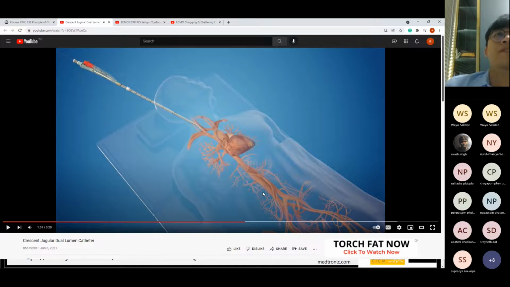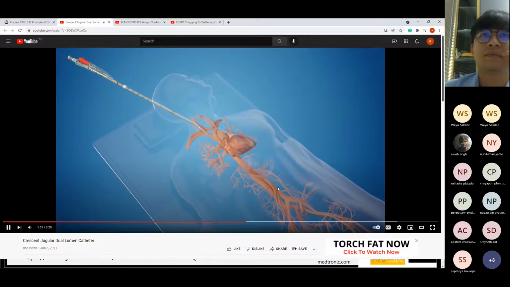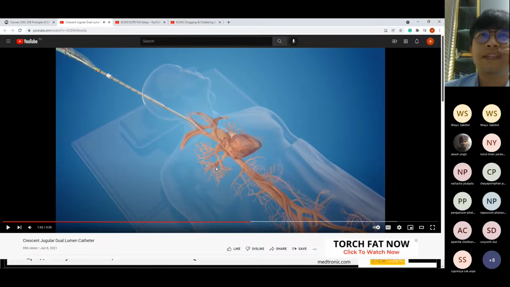For the cannulation, as we have talked about the Seldinger technique, they use the same technique. They also use a modified Seldinger to insert the cannula. So you can see a small guidewire here, and you can see the introduction.